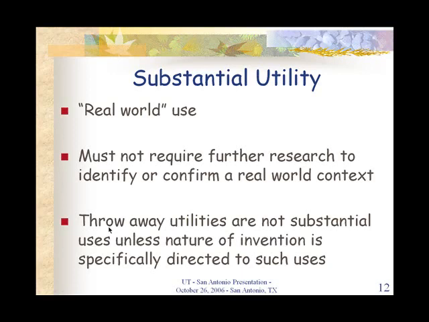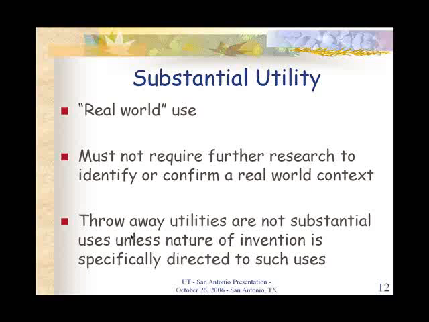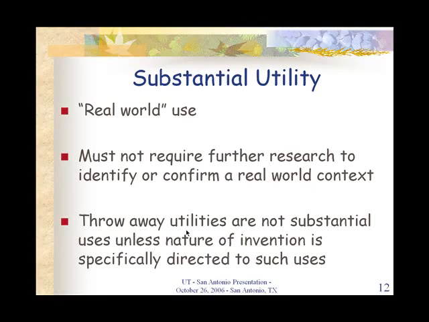There is such a thing as a provisional application that doesn't require all of this level of confirmation, but within a year of submitting the provisional application, you have to have the full patent application submitted. If you don't have it by then, you're probably out of luck forever. Throwaway utilities are not substantial uses unless the nature of the invention is specifically directed to such useless uses.